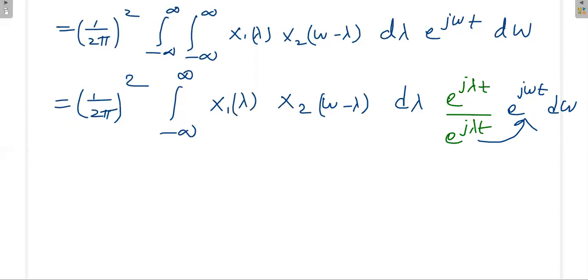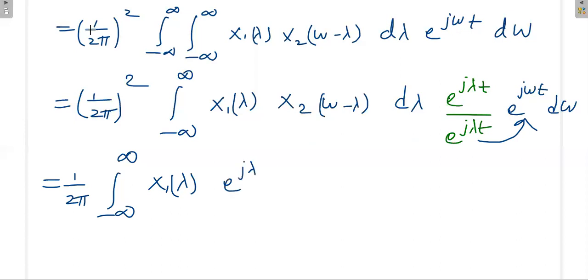Okay, say now I can split like this. So 1 by 2 pi integral minus infinity to plus infinite X1 of lambda e power j lambda t, and then I am taking another 1 by 2 pi here, integral, okay, because there are two integrals.